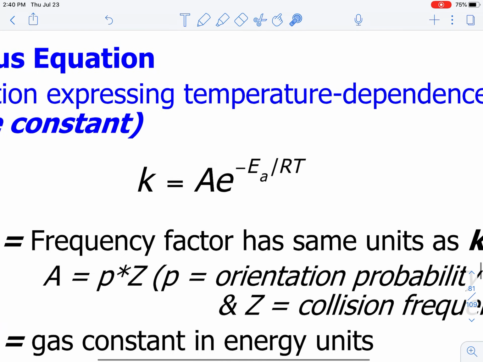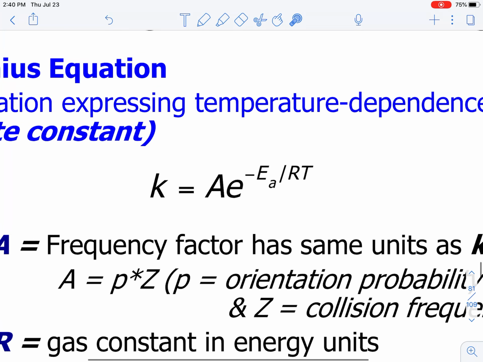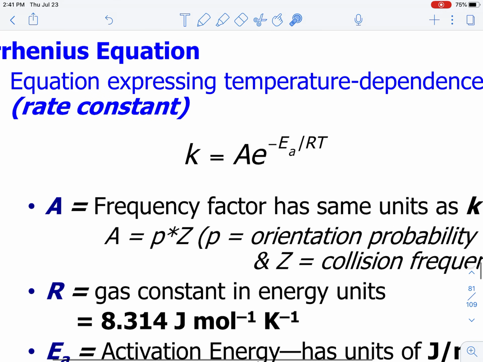And so the frequency factor is being multiplied by this exponential. So this natural exponential is the inverse of ln, or natural log. And it's being raised to negative Ea, which is the activation energy, divided by R times T. And so the value for R, it's a gas constant.